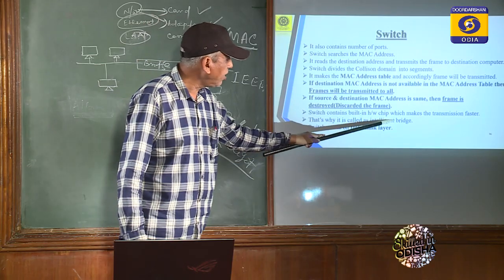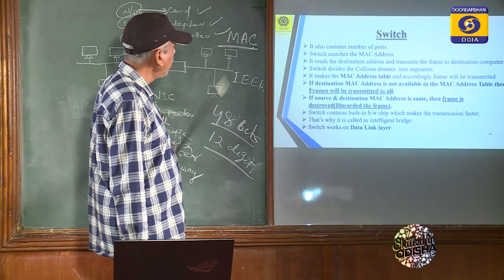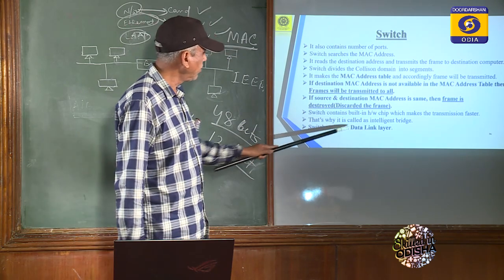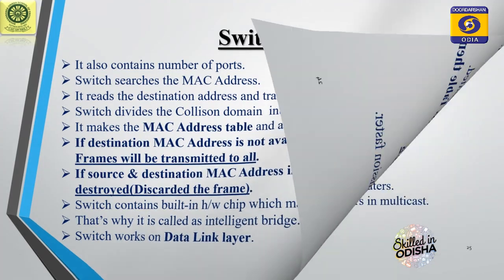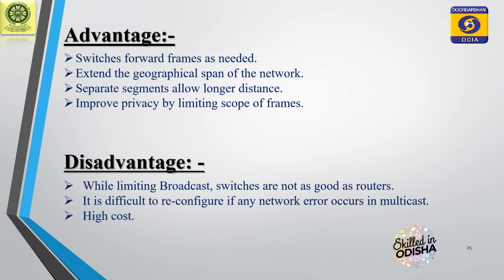That's why it is called an intelligent device. Previously the hub was a dummy device, and the switch works on the data link layer. Advantage: it forwards the frame, extends the geographical area, and improves privacy by limiting the scope of frames. Disadvantage: while limiting broadcast, switches are not as good as a router.